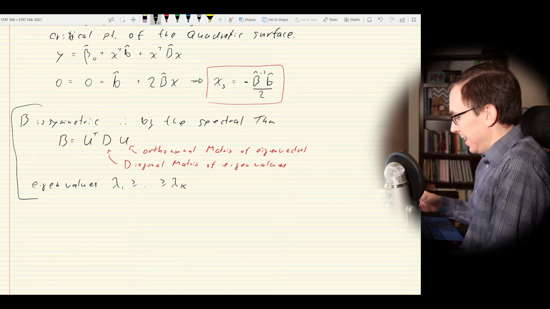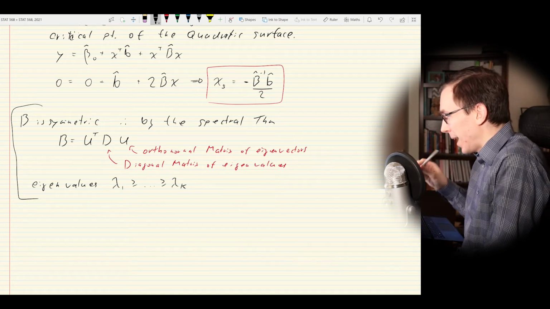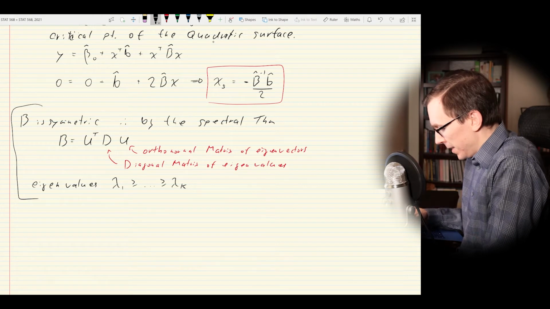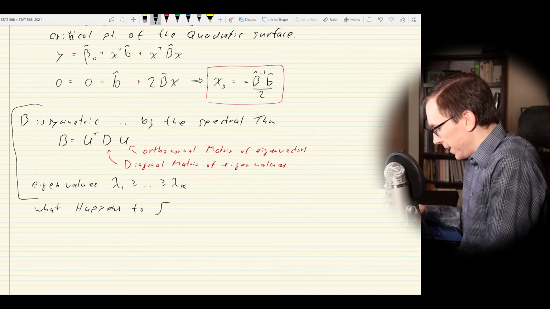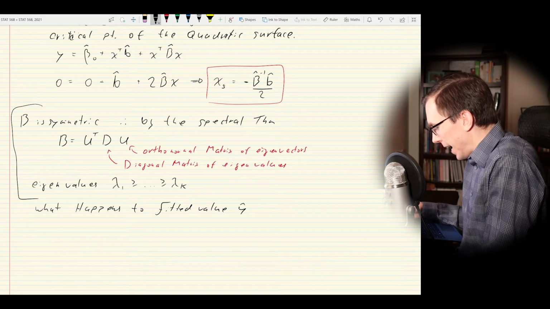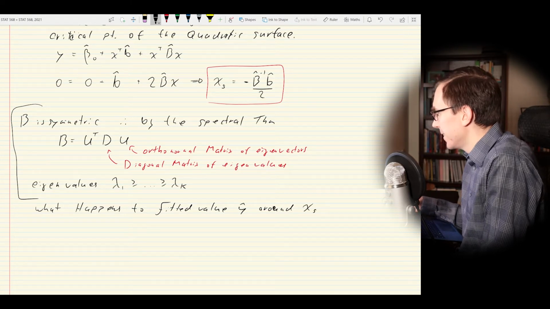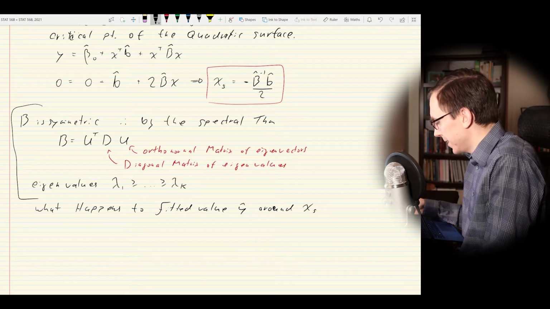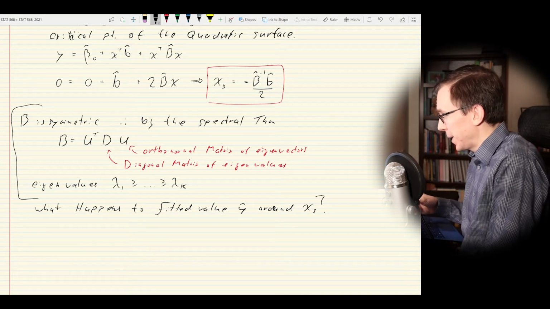To see that, let's see what happens to our fitted value y hat around the critical point xs. Well, let's just write that out and see what happens.